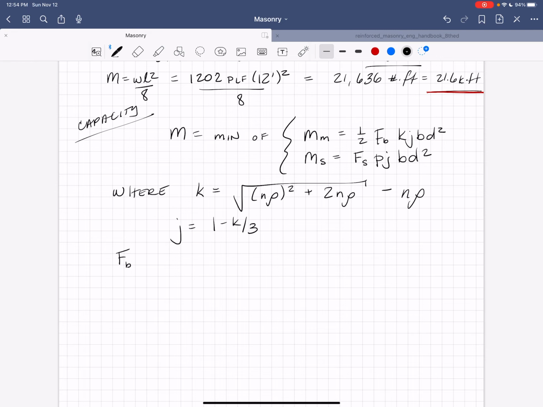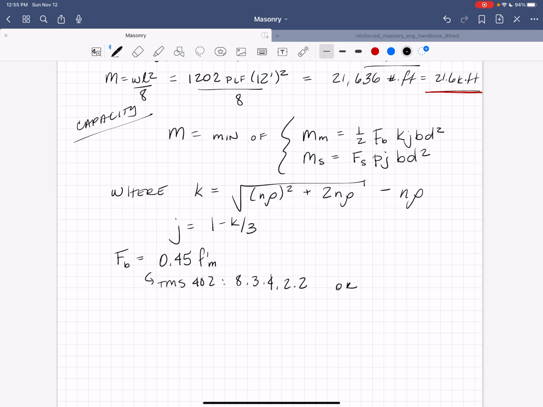F sub B, so that's our capacity bending stress, just like in wood. In this case, that value is equal to 0.45, and I talked about this when we went through the module last week. This comes from the code, so you could look at TMS 402 in section 8.3.4.2.2, or in the handbook, just put HB table ASD 3.